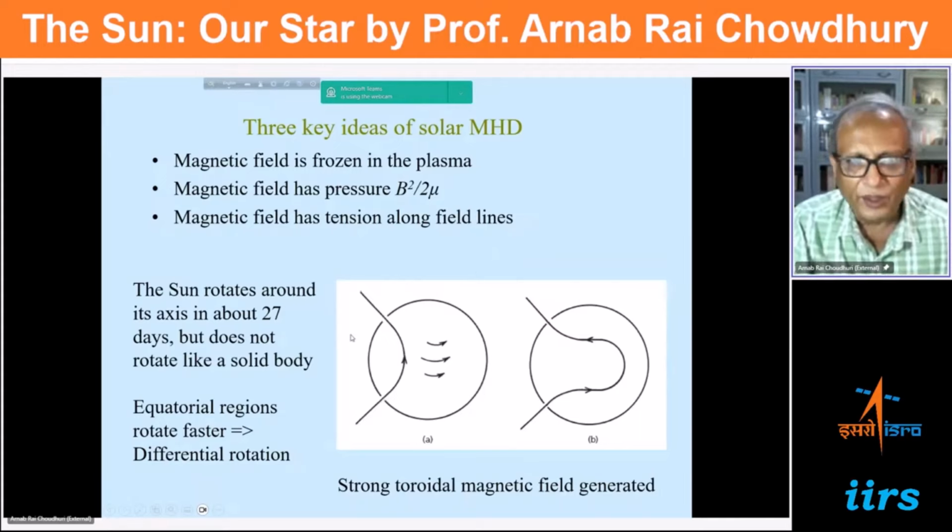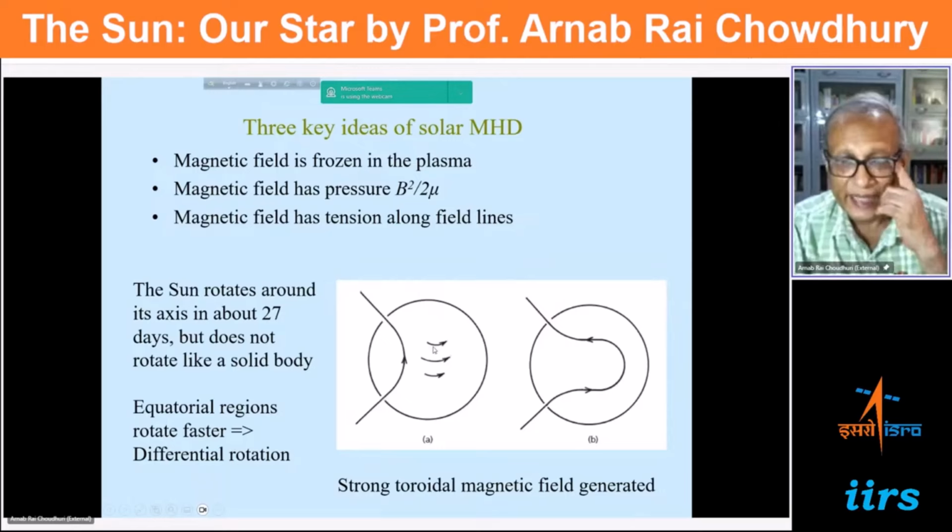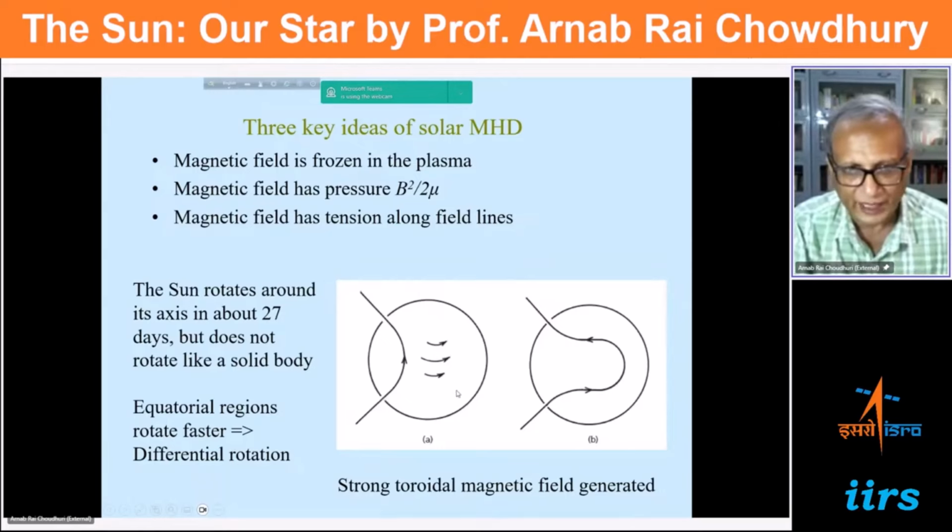Now the sun also rotates around its rotation axis like the Earth, in about 27 days. But unlike the Earth, which rotates like a solid body, the sun has what is called a differential rotation, which means that in different regions of the sun, the angular velocity can be quite different. The angular velocity is largest near the equatorial region.